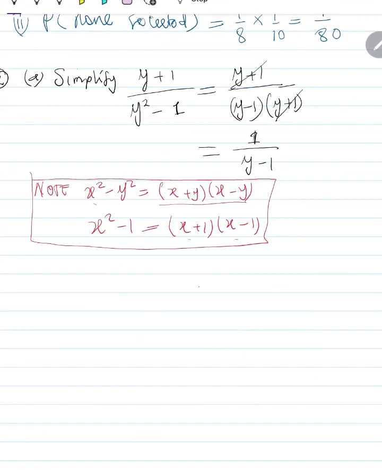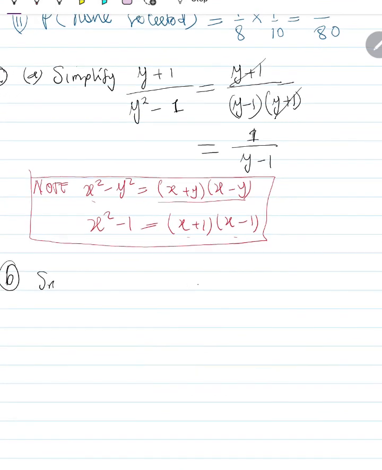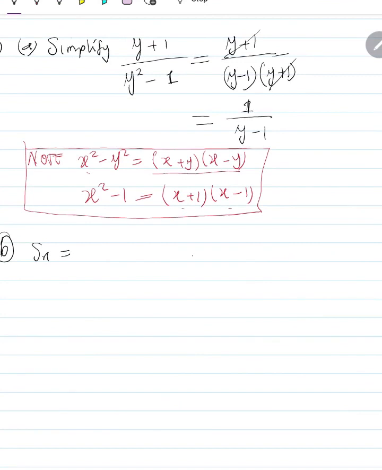Let us look at the second question, B, which is the sum. It's saying that the sum of n terms of your geometric progression is given by 10 minus 10 over 2 to the power n.